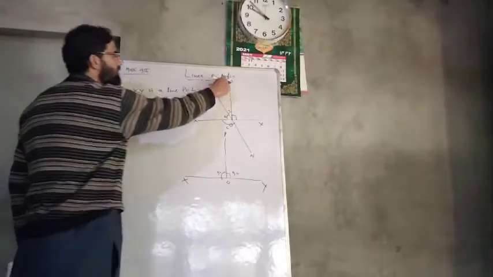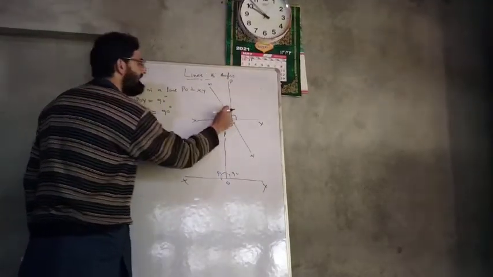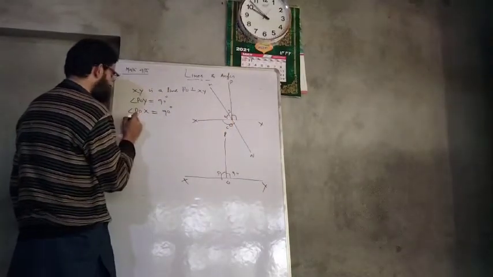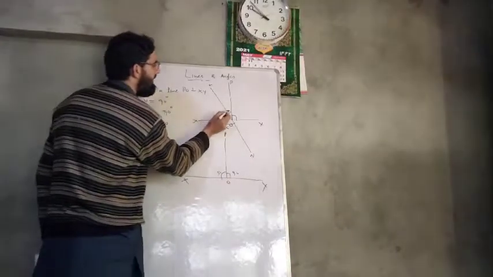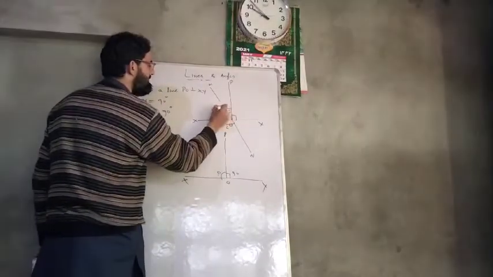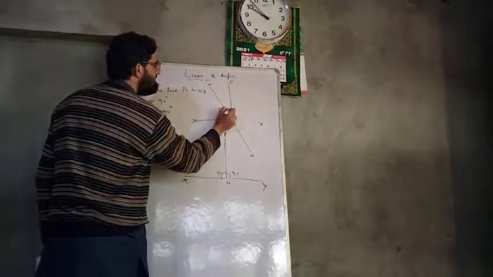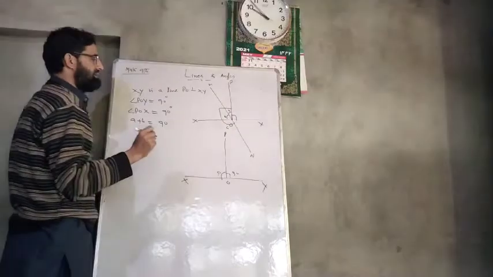But POX has been divided into two angles. POX is A plus B. You see here, A plus B, POX is 90 degrees. This whole angle is equal to 90 degrees. But this is angle A and this is angle B. So A plus B is equivalent to 90 degrees.